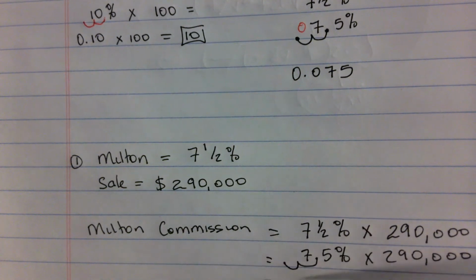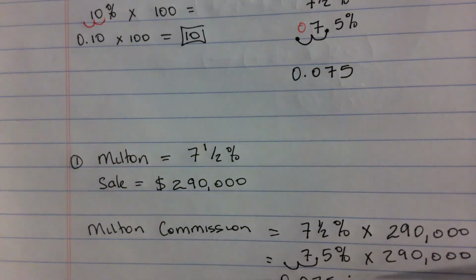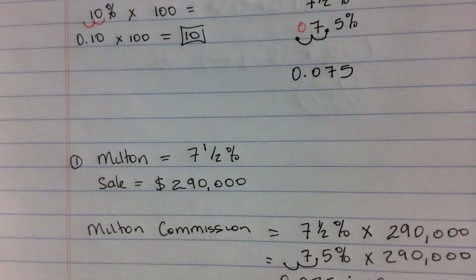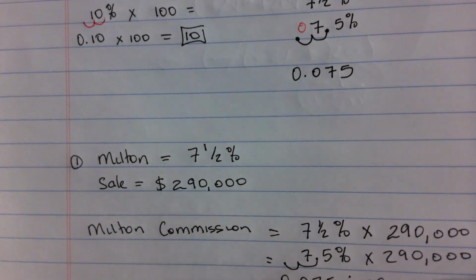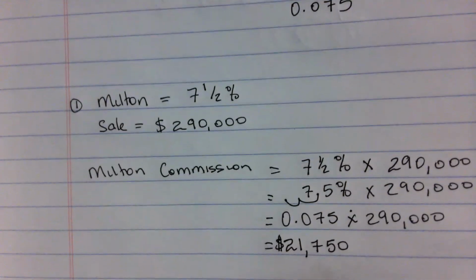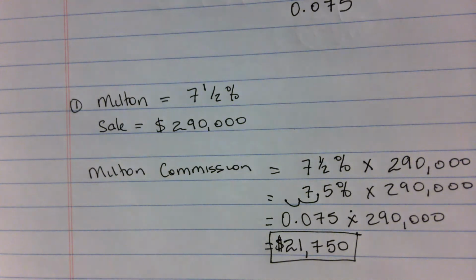So this becomes 0.075 times 290,000. And if I plug that into my calculator, I'm going to get $21,750, and that is the amount that he receives in commission. That's his straight commission.